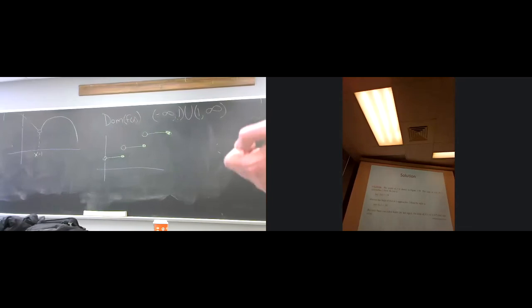Coming from the left, as we approach 2, we're going to approach 14. And that's what happens. So because the two sides of a limit don't agree, the limit does not exist.